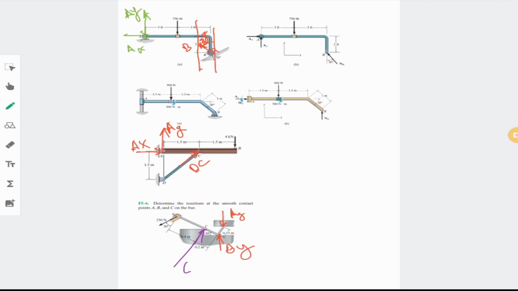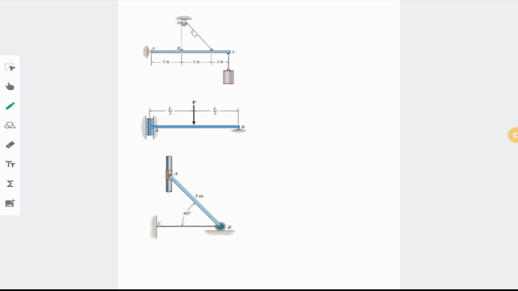Based on this, you know how to develop your free body diagrams for 2D problems and solve the static equilibrium equations.